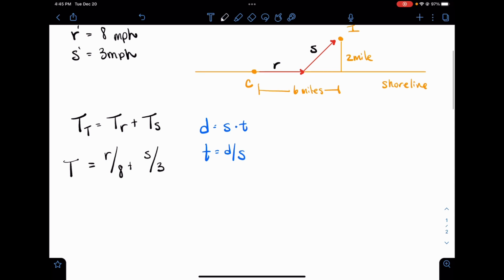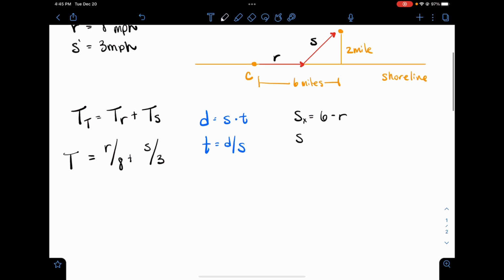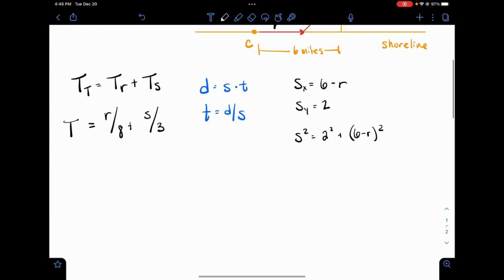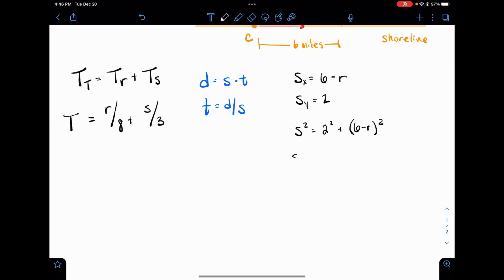So swimming in the x direction equals 6, our total mileage in the x direction, minus whatever distance we ran. And our swimming in the y direction is just going to be 2 miles. So we know our total swimming, per the Pythagorean theorem, is going to be 2 squared plus (6 minus r) squared. And we know that S equals the square root of all of that.